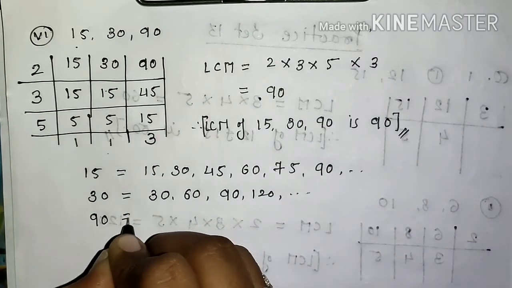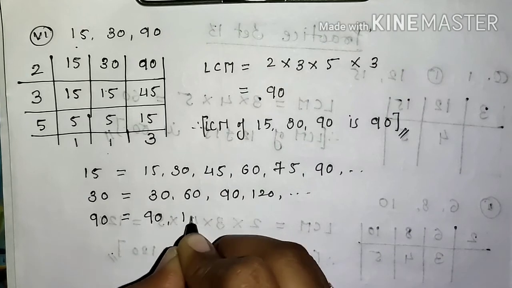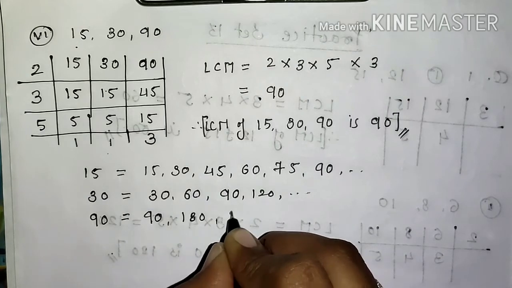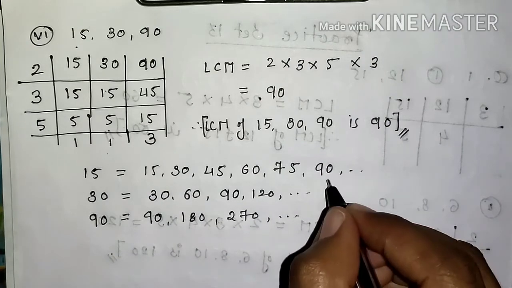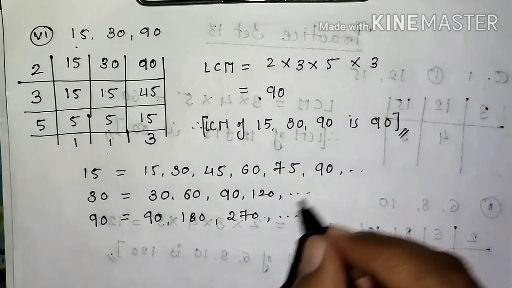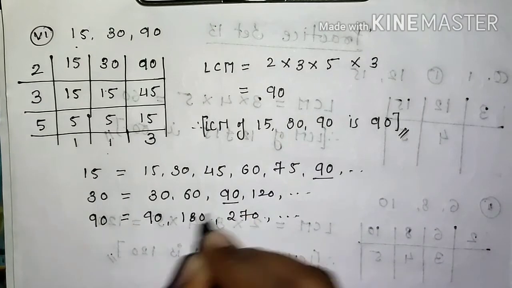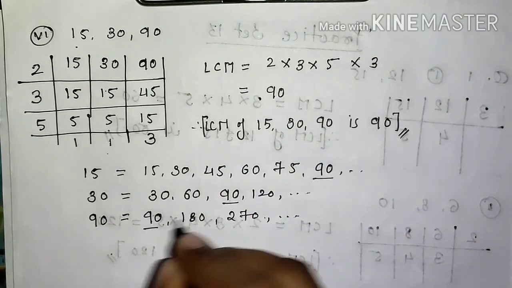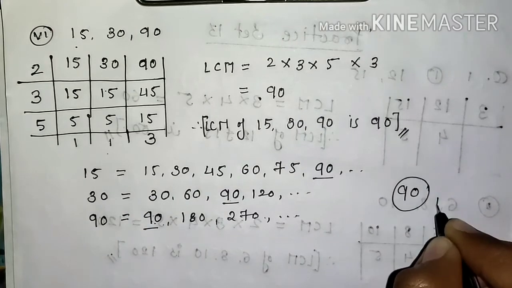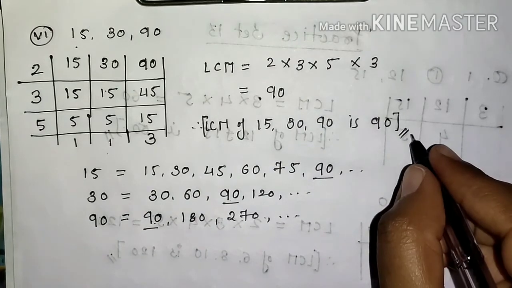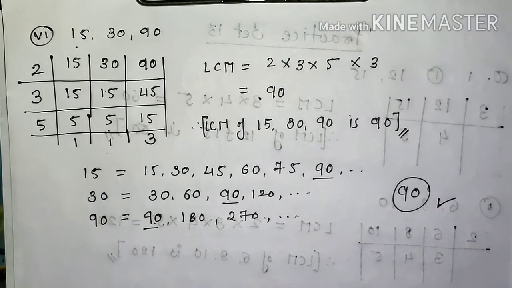And 90's multiples will be 90, 180, 270 and so on. So if I observe all the multiples of the given numbers, 90 is the common and this is the least multiple. So 90 will be the LCM of the given numbers. That means the answer we got here is correct.